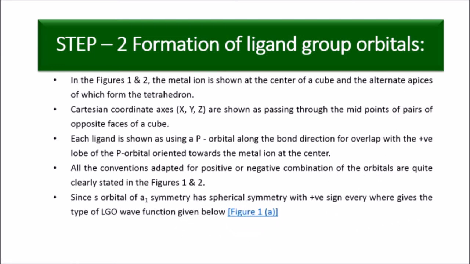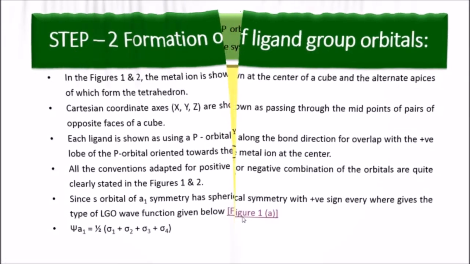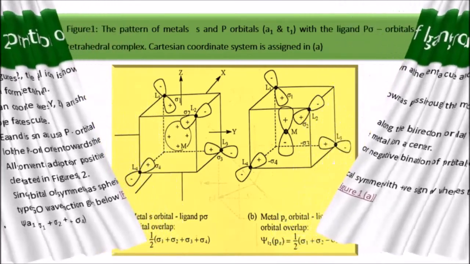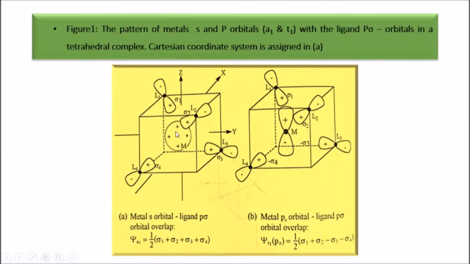And since the s orbital of A1 symmetry is spherical in shape with a positive sign, it gives a type of LGO wave function, which we are going to see over here. This is the LGO formation of 1, 2, 3, 4, and that can be represented over here in this sigma 1 orbital as well. This is S symmetry, and we are going to see the LGO formation.